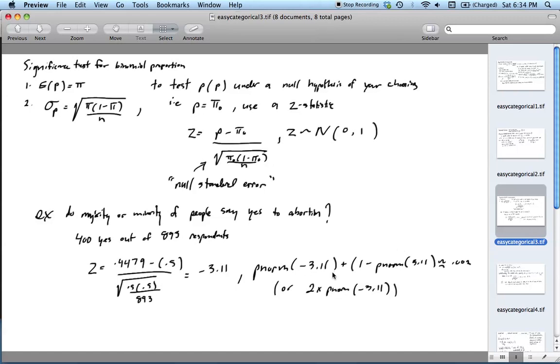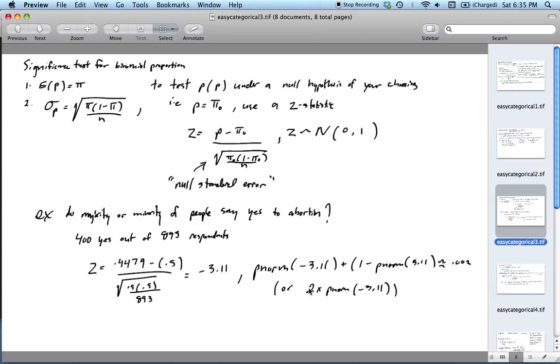How did I do this here? I calculated a p-value for this z statistic by asking: what would be the chances of seeing a z-score this small or smaller, or, since we didn't specify one-sided, of seeing a z-score that large or greater?